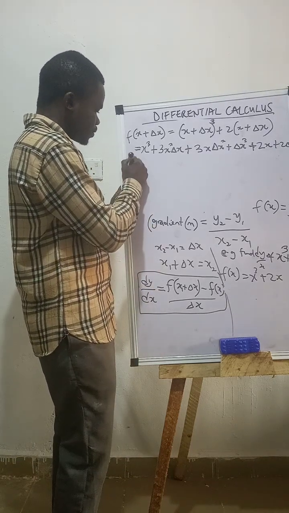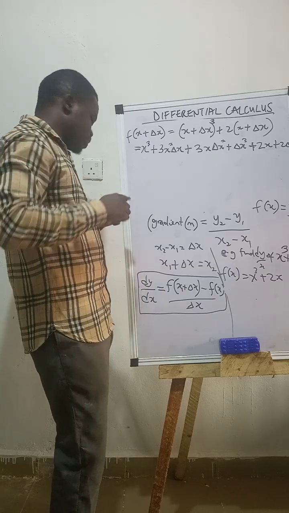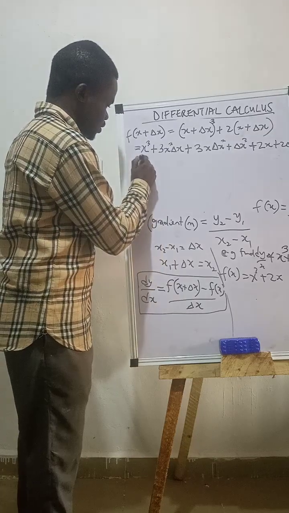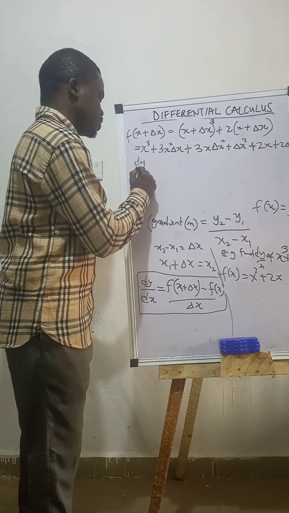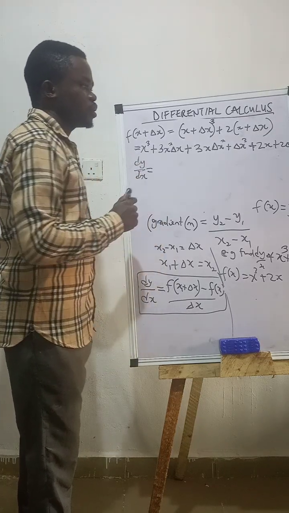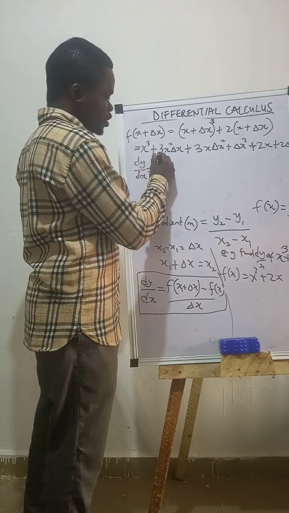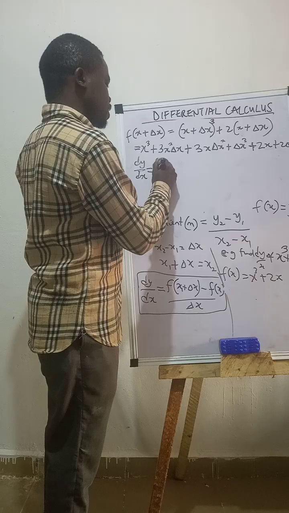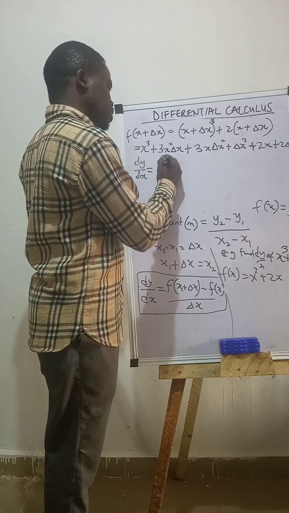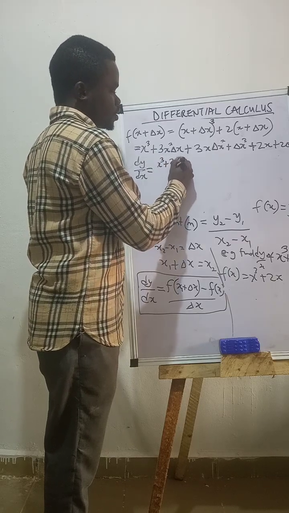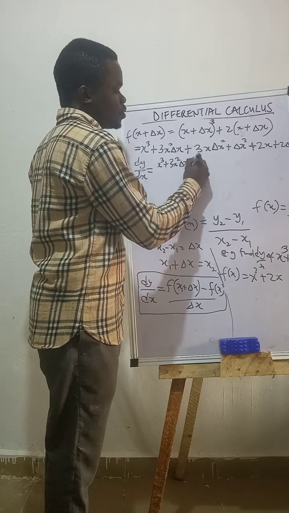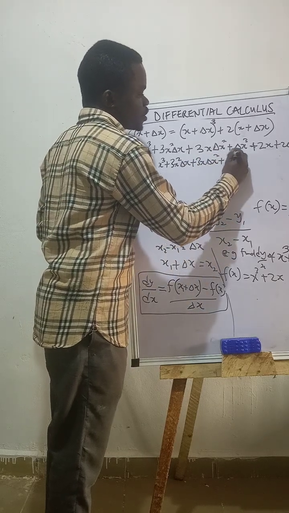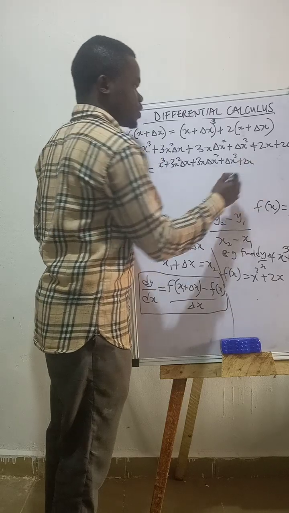So let's do that now. dy over dx is now equal to these values that we have here, which is x³ plus 3x² changing x plus 3x changing x squared plus changing x cubed plus 2x.